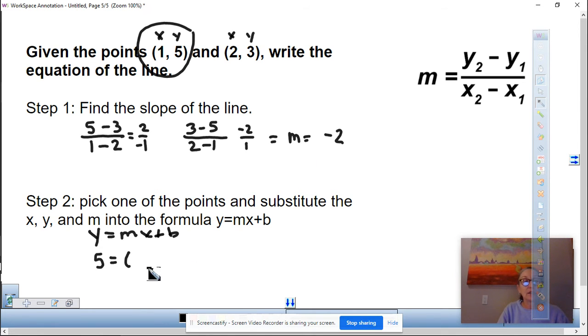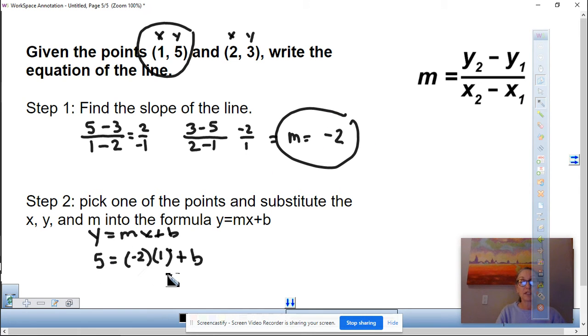My m is negative 2. My x is 1. I'm sorry, put it in the wrong place. Sorry about that. My x is 1. I do not know what b is, but that's step 2. So again, I take one of the 2 points and my slope, and I substitute them into the formula.